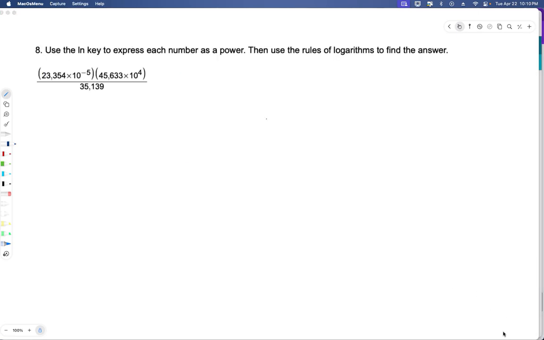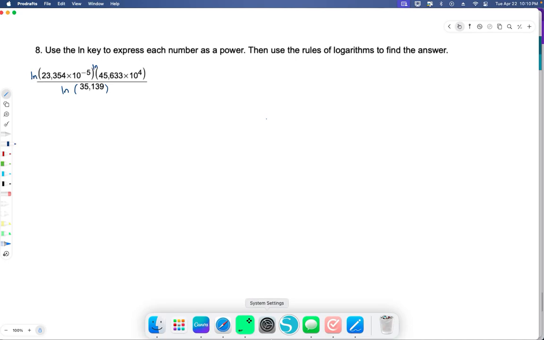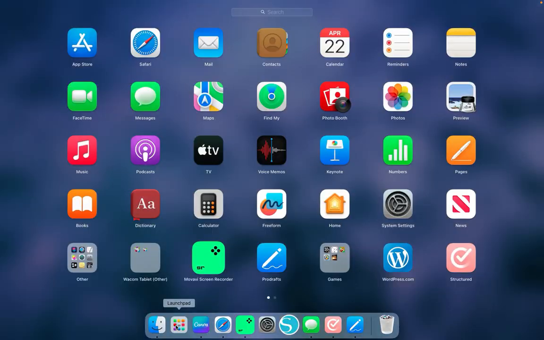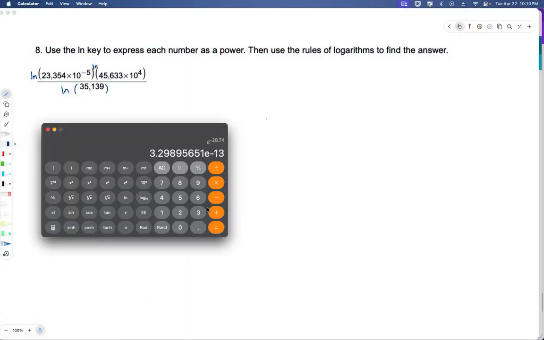Next problem. We got another one of these little problems right here. So we're just going to put ln in front of both of these. That's what we're going to do. And I'm going to pull up my calculator because it actually works, unlike the one in this program. Let me all clear this.